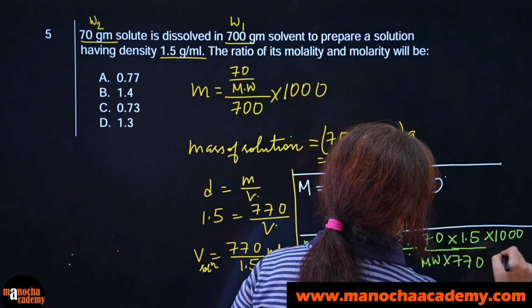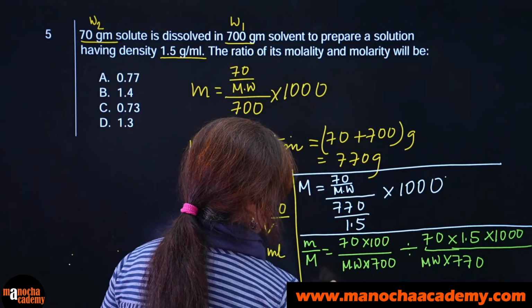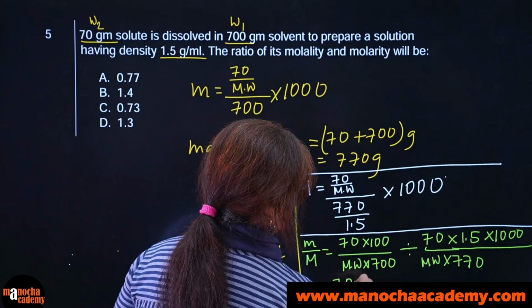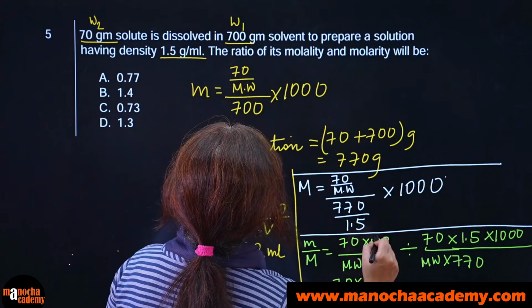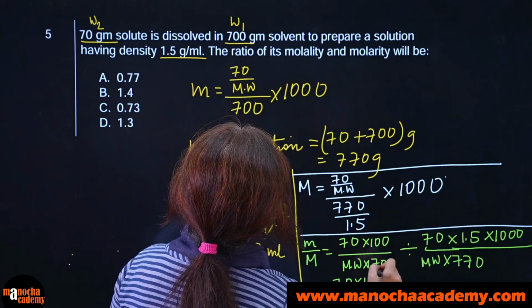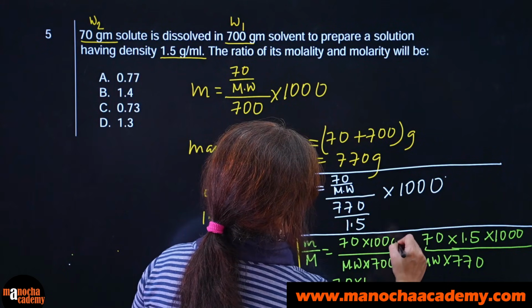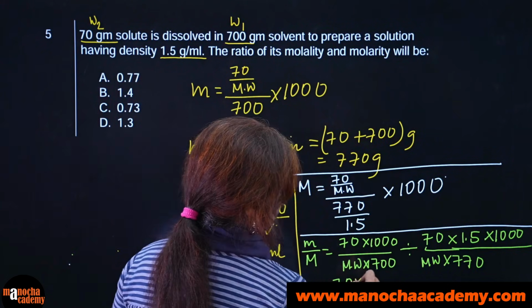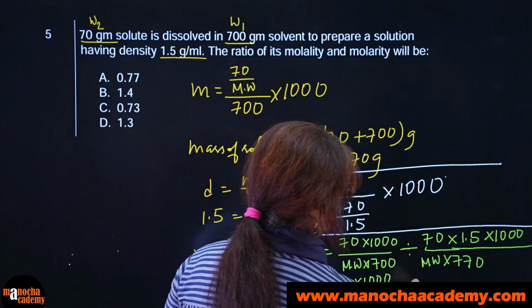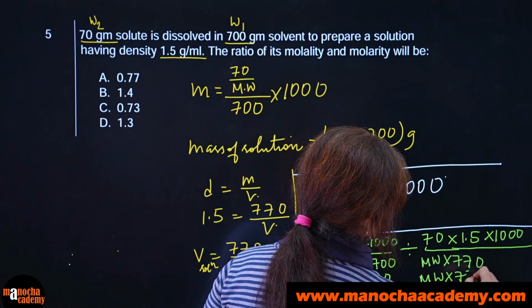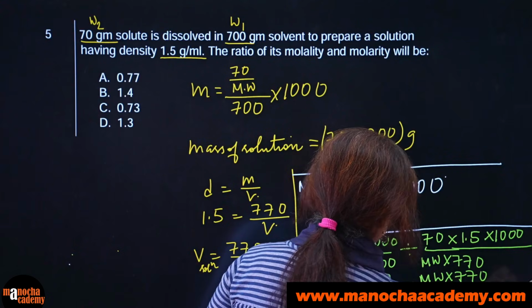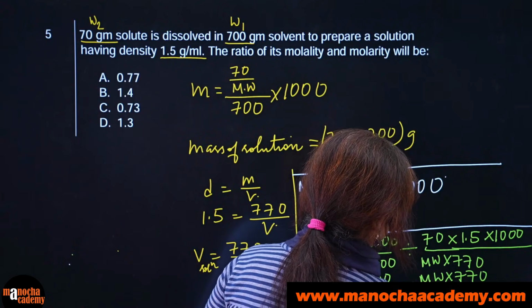Just check whether it is all correct. So we are getting here 70 into 1000 into MW into 770 by 70 into 1.5 into 1000.